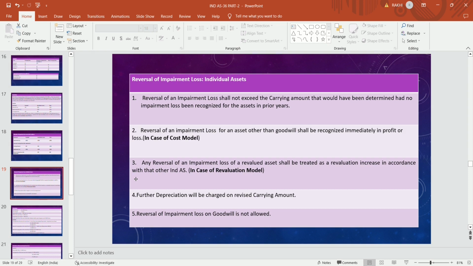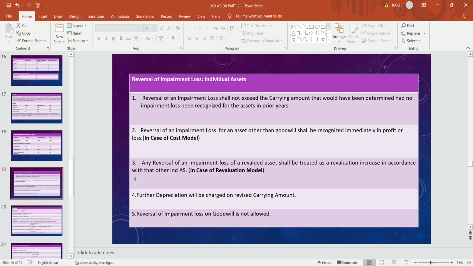If it is a cost model and there is a reversal of an impairment loss, then it is to be immediately recognized in the profit and loss, and if it is goodwill, then goodwill is not to be reversed. And in case of revaluation model, if reversal takes place, then it should be adjusted with the revaluation surplus.